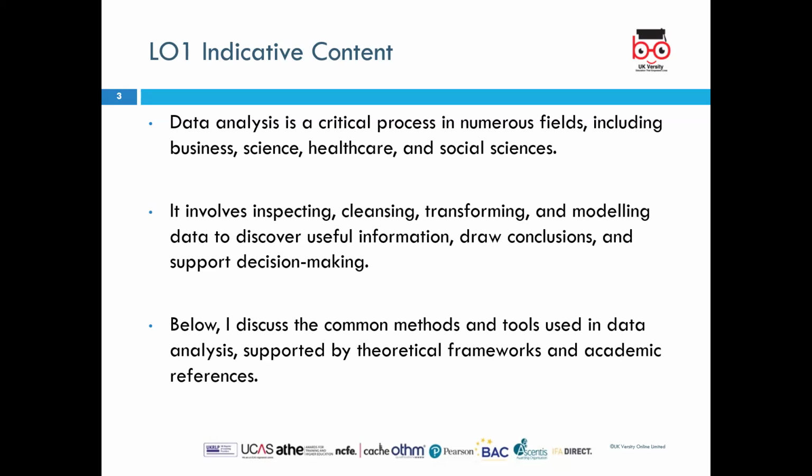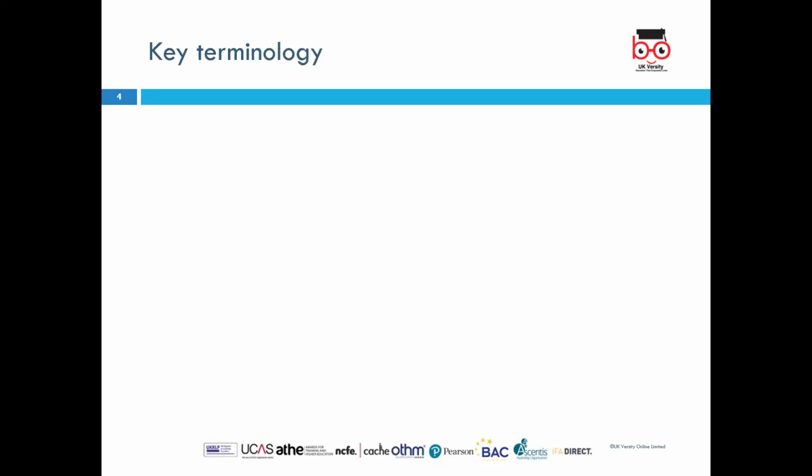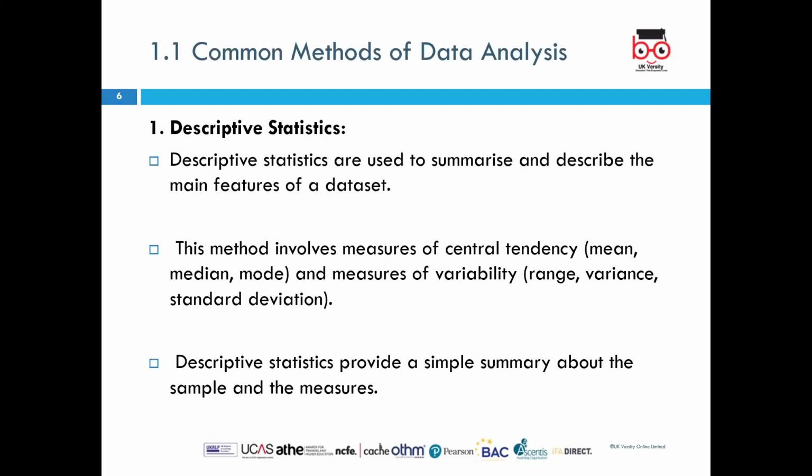So now we're going to discuss the common methods and tools used in data analysis. To understand data analysis, we need to really look into probability and statistics, where we're going to have the ability to summarize and describe the main features of data sets.